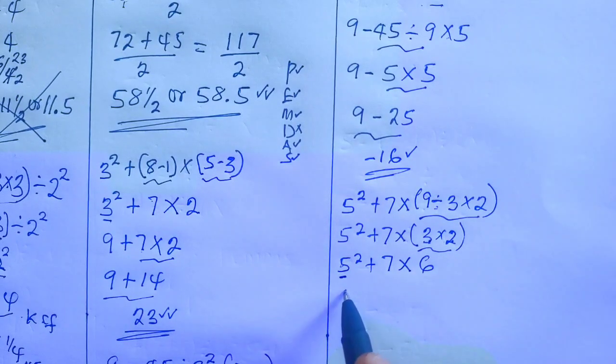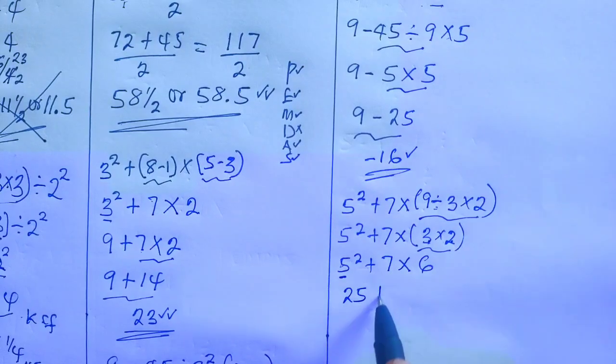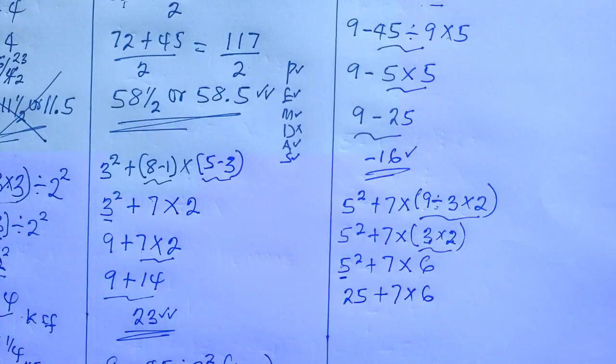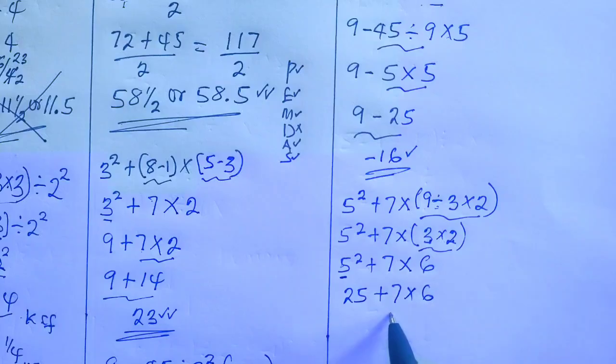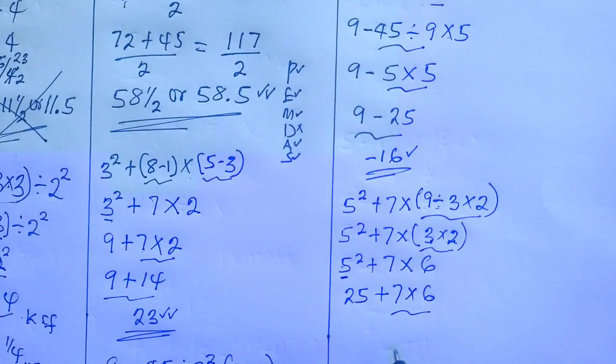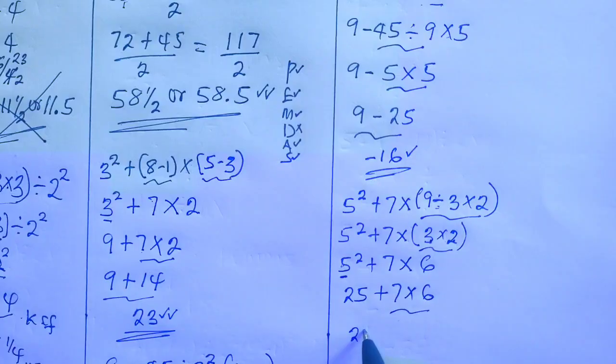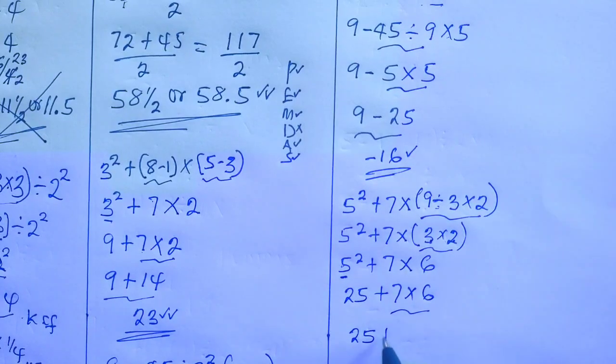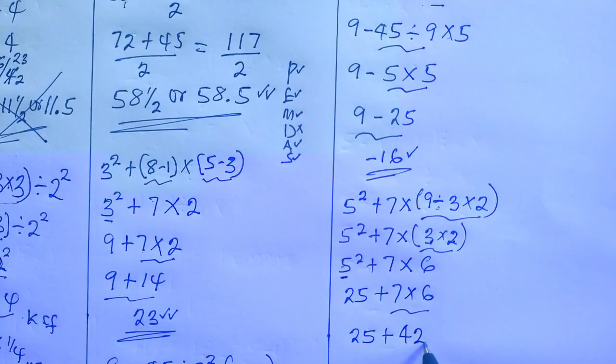5 to the power of 2 gives us 25 plus 7 multiplied by 6. And next, we are going to consider multiplication, because multiplication is higher priority than addition. We have here 25 plus 7 times 6, that will give us 42.